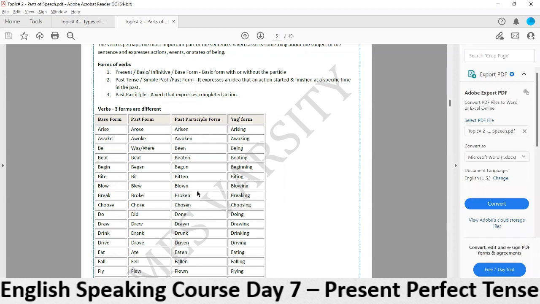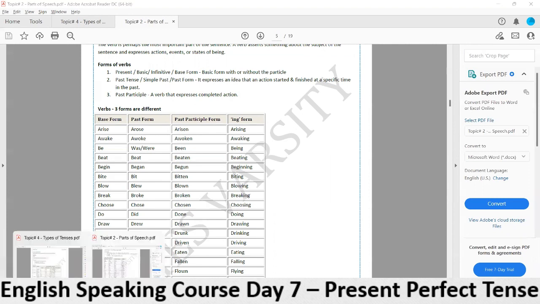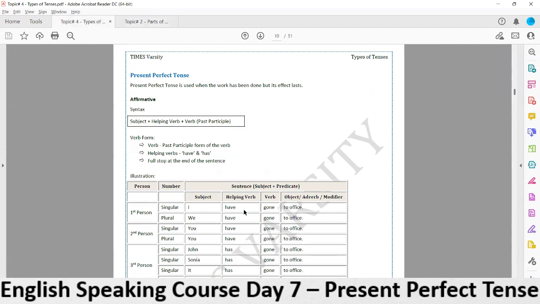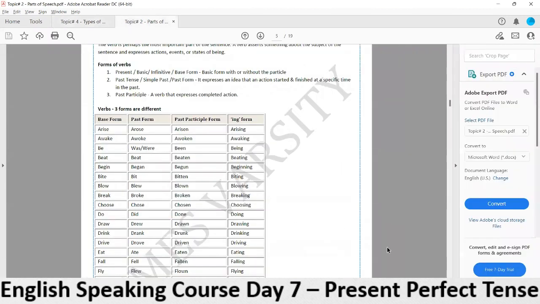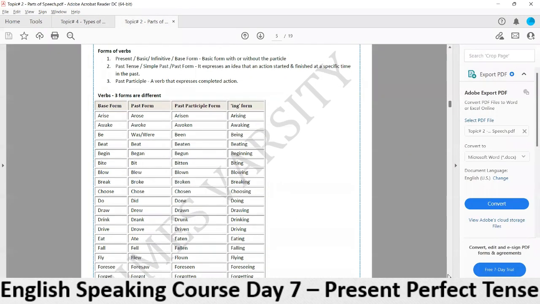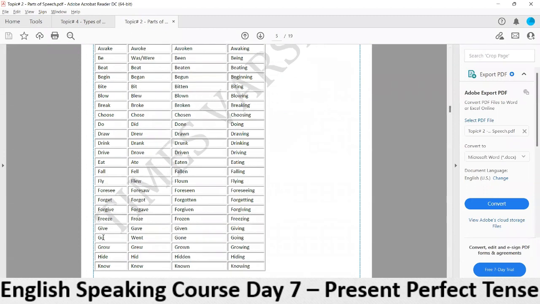Okay, the third form. If you look at the verb go, the third form of the verb go is gone. So you can see here, if I go to the verb go, right? Go, went, gone. Go is first form, went second form, gone third form, and going is the ing form.